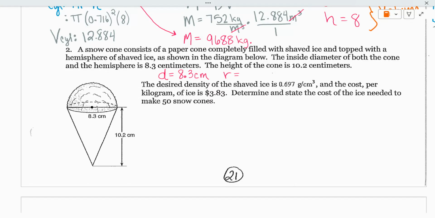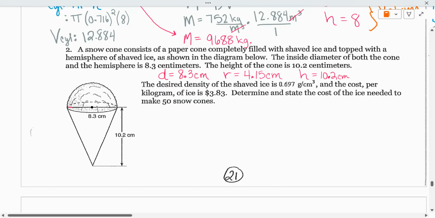If the diameter is 8.3, what is the radius? How are we going to figure that out? Divide by 2. The radius is 4.15 centimeters. Okay. The height of the cone is 10.2 centimeters.